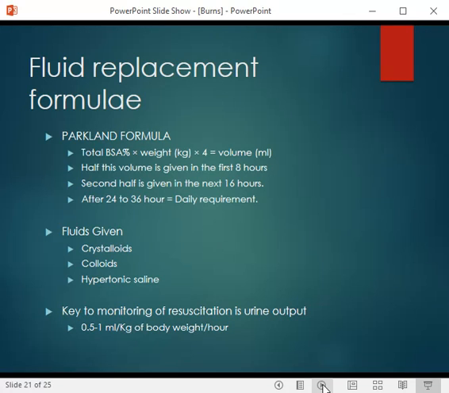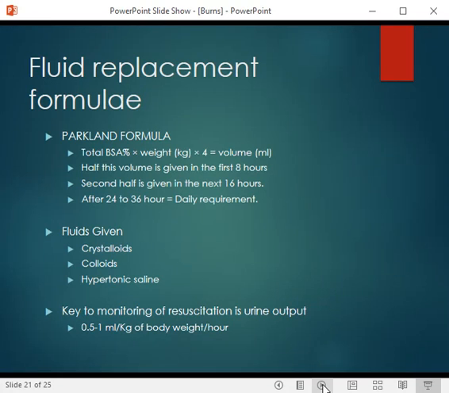Colloids are usually not recommended in the first 24 hours because at that time capillary permeability is very much increased. These large molecules will pass through the capillaries into the interstitial spaces, and then they will pull water towards them, causing interstitial edema. Water will not stay in the intravascular compartment, it will go out of the intravascular compartment into the interstitium, causing problems in hydration.